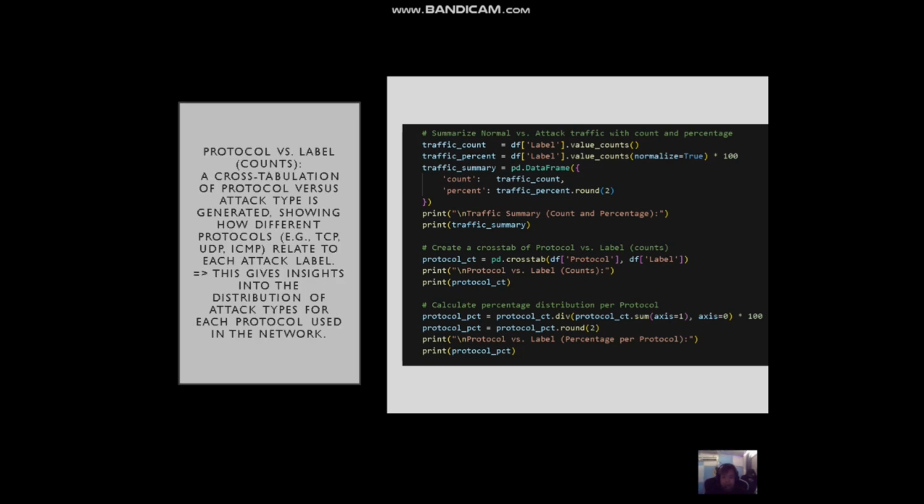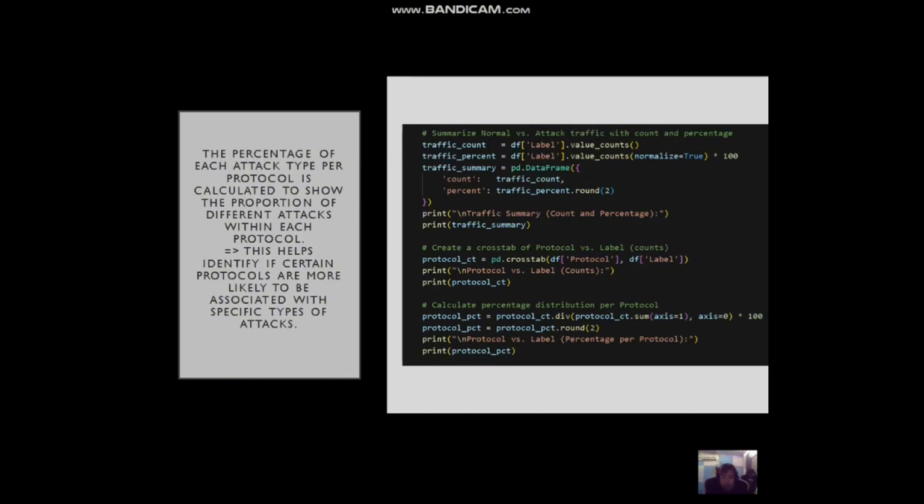Next, we wanted to understand how the attack types related to specific network protocols. We created a cross-tabulation, or a table, comparing common protocols like TCP, UDP, and ICMP with each attack label. This analysis gives us two valuable insights. Firstly, it shows us which protocols are commonly used by different types of attacks, and it also helps us identify which protocols might be more vulnerable to specific threats.